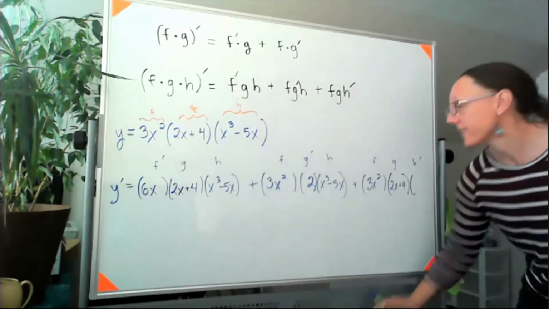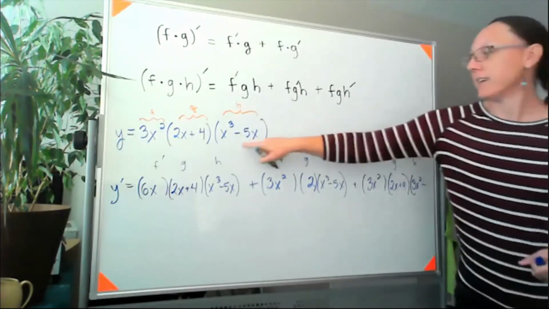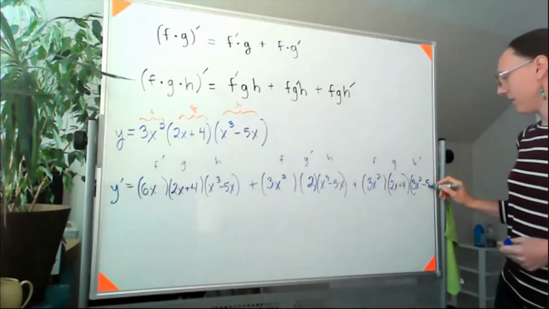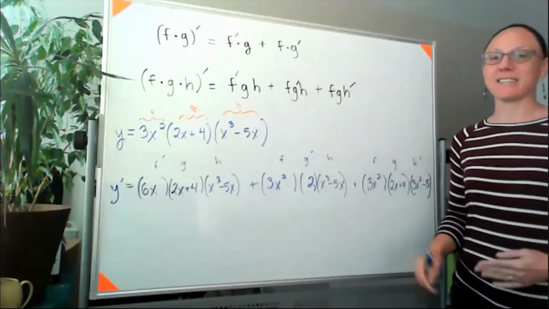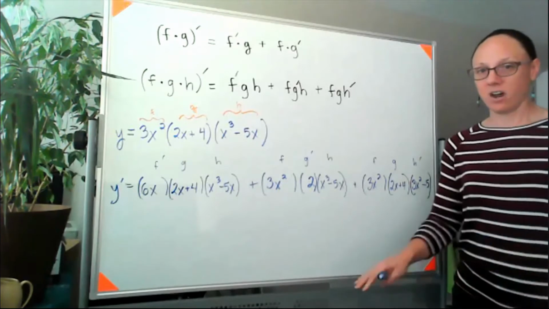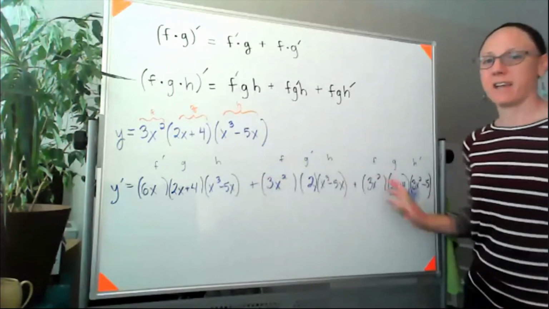So I've got 3x squared minus, and the derivative of negative 5x is that negative 5. And again, unless the question explicitly tells you that you need to do more algebra, stop. We took the derivative, quit, walk away. No one's got time to multiply all that stuff out.